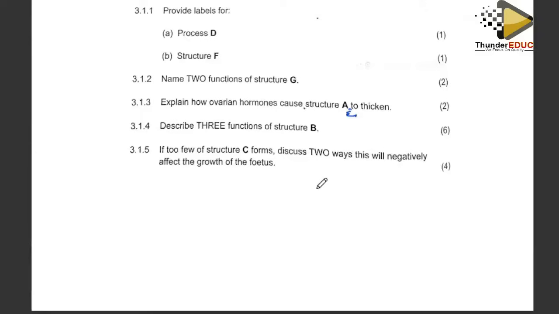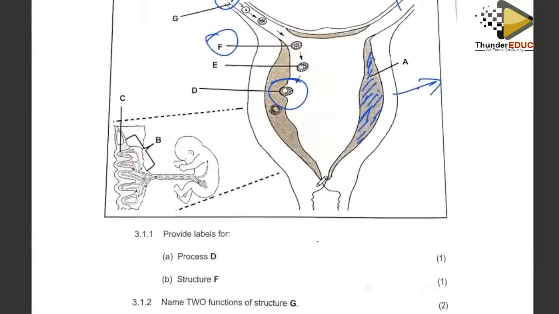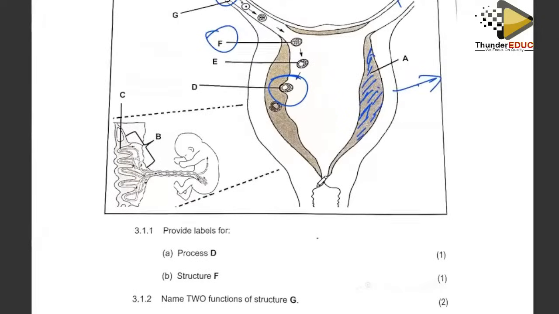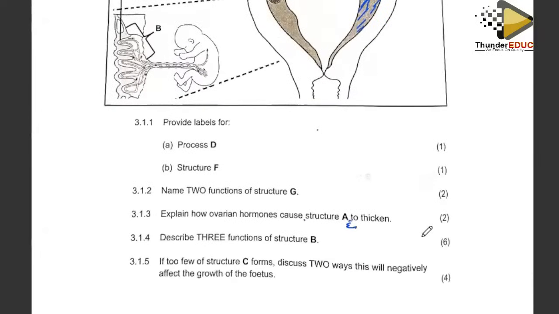If too few of the structure C, which structure is C? Okay, what are they saying now? Discuss two ways in which this can be negative, meaning that if this structure is too few, there is no microfilter.